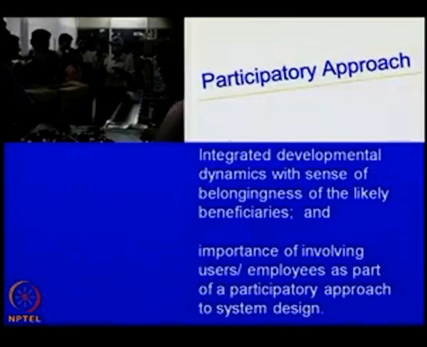So, integrated developmental dynamics with a sense of belongingness of the likely beneficiaries will be there, and the importance of involving users or employees as part of the participatory approach to system design.